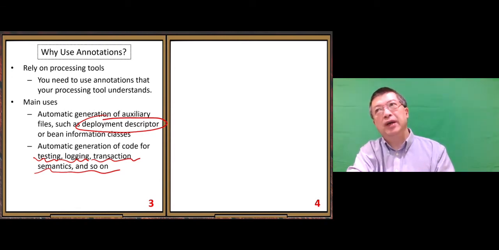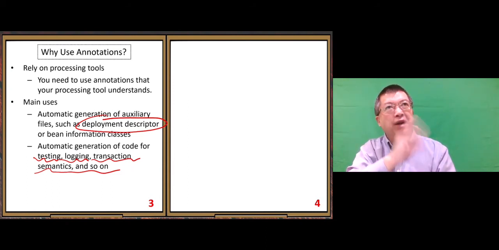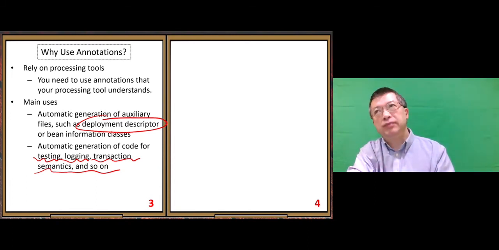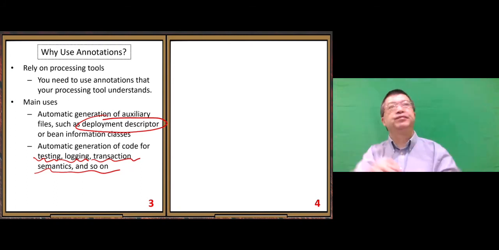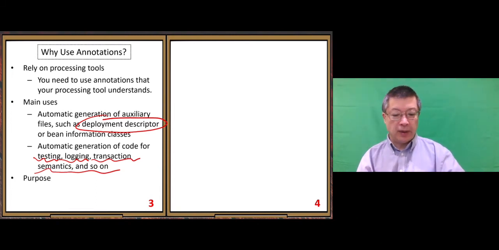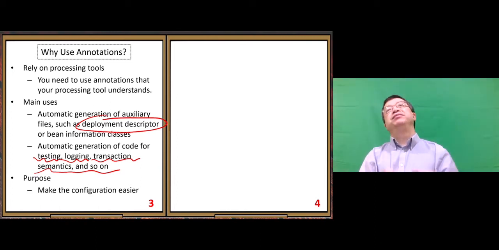Extremely complicated. Actually, in developing a Java web application, the hardest part is the configuration part. The coding part is usually not that hard, but the configuration part is extremely complicated. That scared a lot of programmers. Later, when the annotation technology was used, the configuration part was greatly simplified. So now programmers love that technology. Purpose: make the configuration easier.